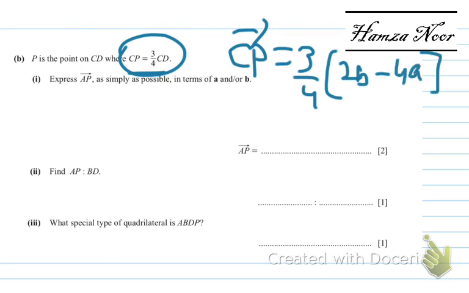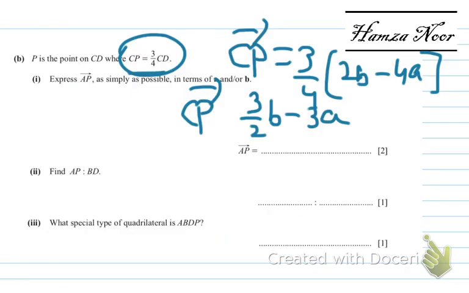So this will be 3/2 B minus 3A. Alright, this is the CP vector, and the AC vector is 3A. You have just calculated AC is equal to 3A.